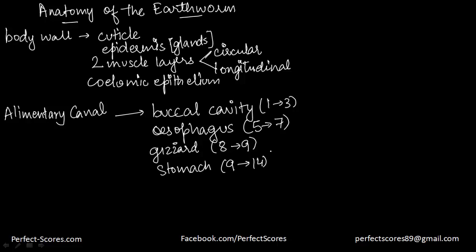Over here in the stomach, you also have glands known as calciferous glands. So these glands are present. They help to neutralize the humic acid that is present in the humus of the soil.